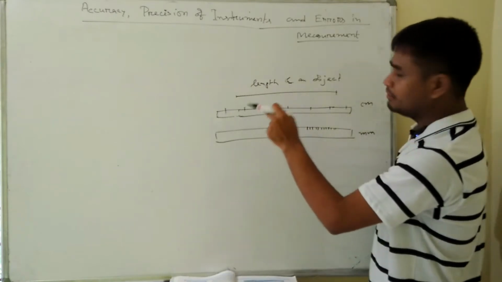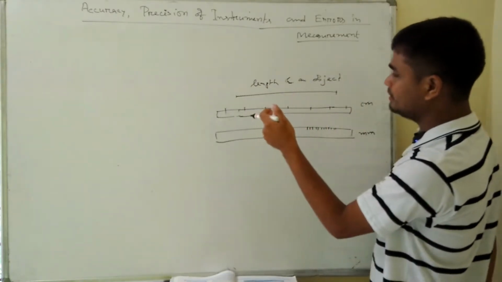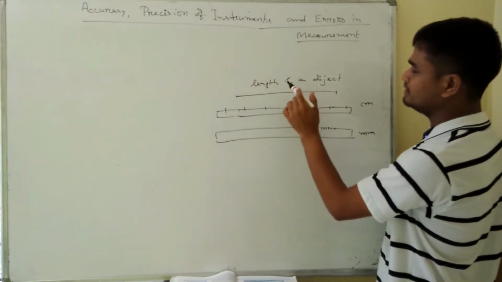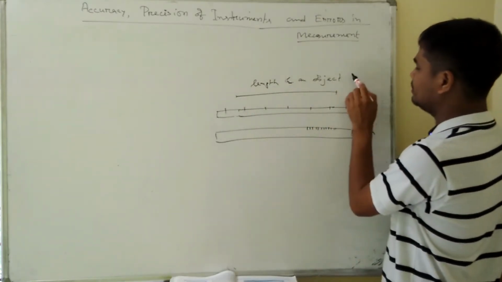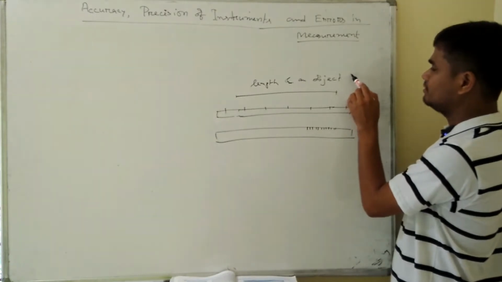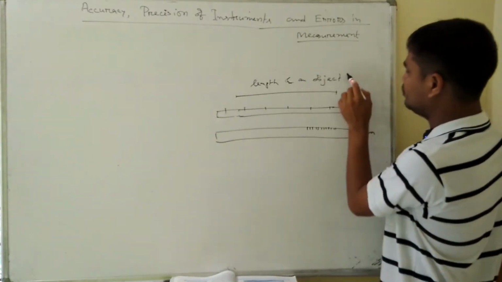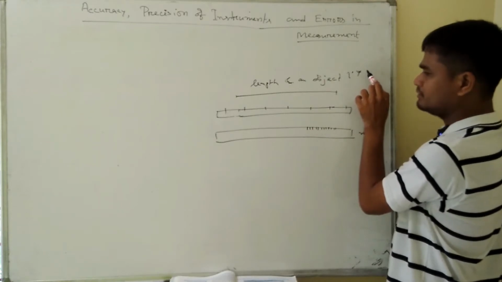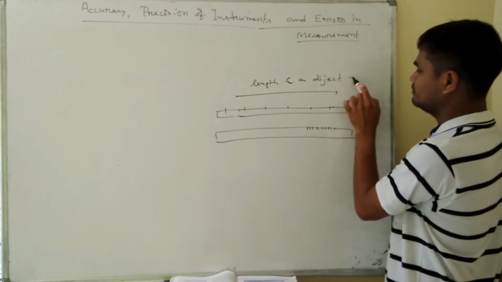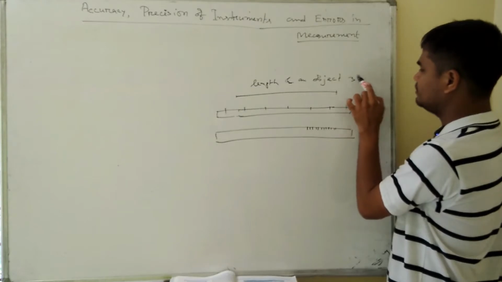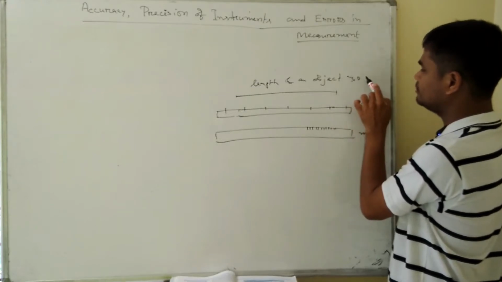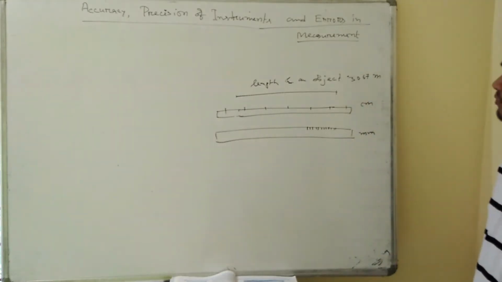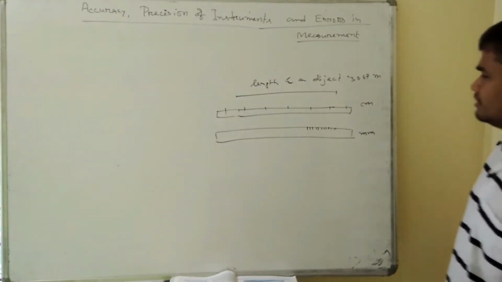The measured value in the laboratory or in the factory where this object is made is, let us consider, 0.3067 meter.